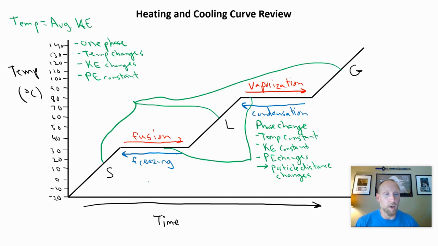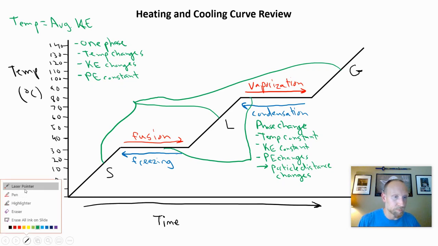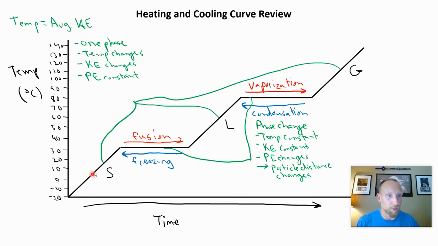So if we're going up the heating curve from here, we're going up and across. If we're going up, what's happening is our particles are starting out down here, right? So we start down here. We apply energy to the system. Particles start speeding up, speeding up, speeding up.